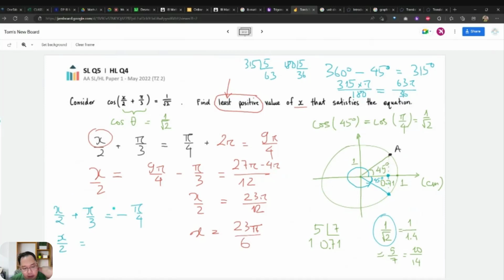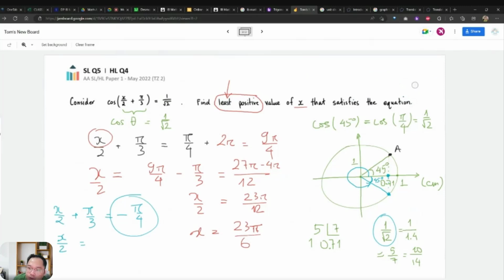Okay, another way is like this. Minus pi over 4 can be written as 2 pi minus pi over 4.